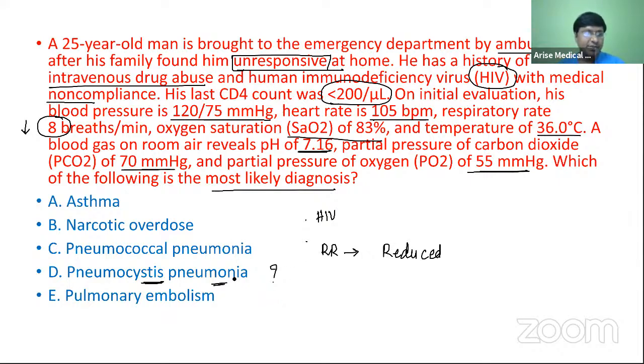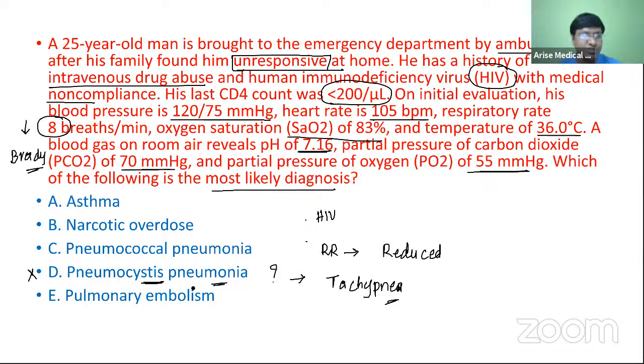Remember, in case of pneumocystis pneumonia, the individual will have tachypnea. But what is this individual having? Bradypnea. The respiratory rate is reduced. So it is very unlikely to be pneumocystis pneumonia.